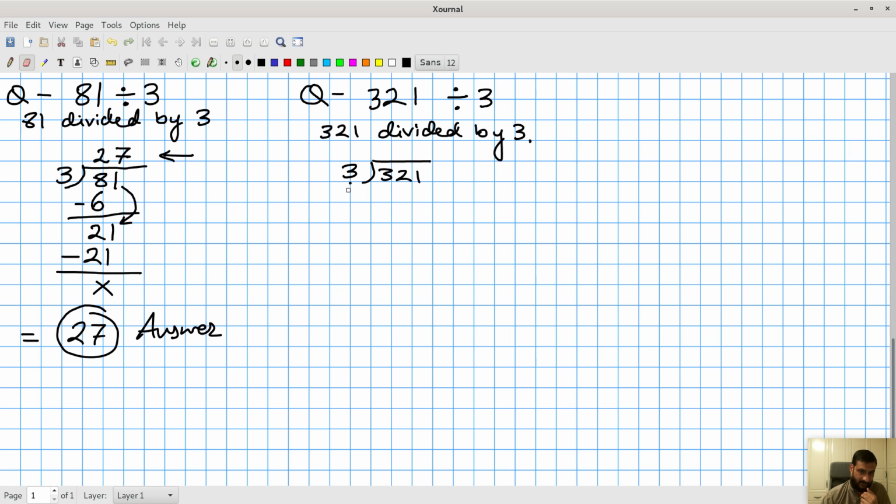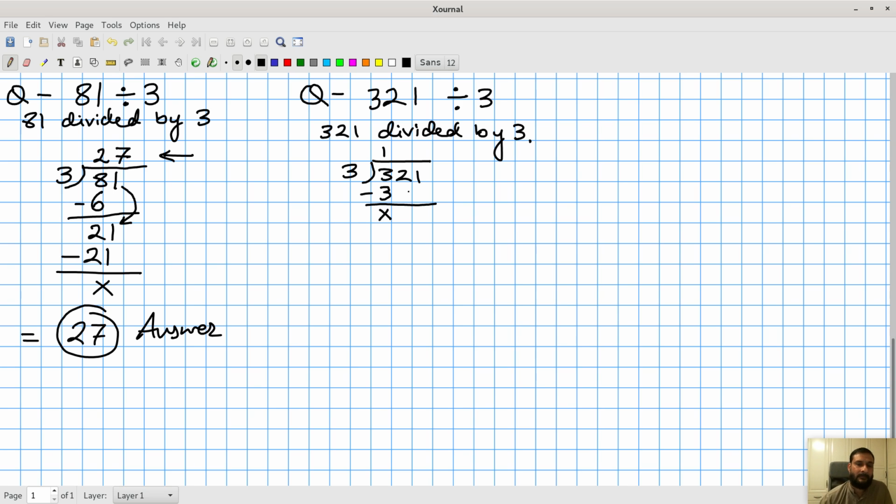That means the first division is easy. 3 1s are 3. Notice the alignment. We subtract this and we get 3 minus 3, nothing. So the result of the subtraction resulted in 0. It's time for the next digit to fall down.